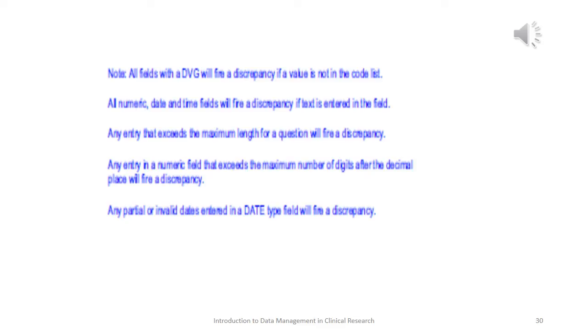Think of it as when you go to Amazon and you order something, and you're typing in your shipping address, and you get to the section where it says state, and automatically it pulls up a list of all the states, and then you choose whichever one you're in. That would be an example of a discrete value group. And we like to use as many of those as we can because that helps to standardize our data as we go along.